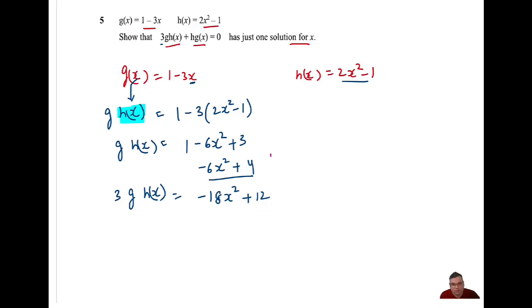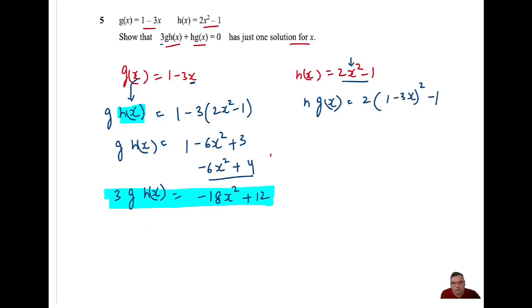So this is the first step that we have done. Is it clear? Now we need to find h of g(x). Same thing: instead of x, let's replace with g(x). So it will be twice 1 minus 3x squared, minus 1, right? So this is h of g(x).